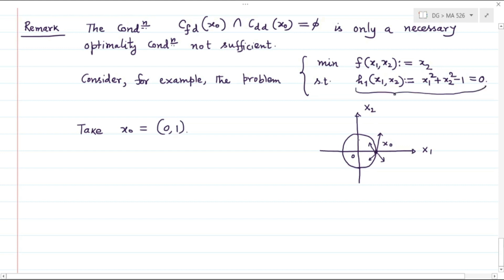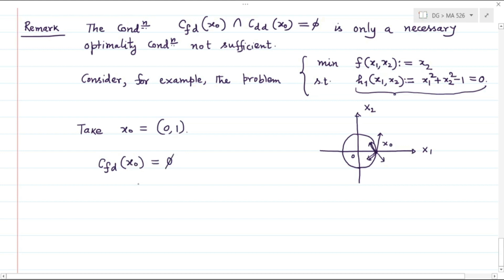Had the constraint set been inside the circle, then obviously this direction would be a feasible direction. However, here the feasible points are only the boundary points of the circle, and therefore the set of all feasible directions at the point x0 is a null set.